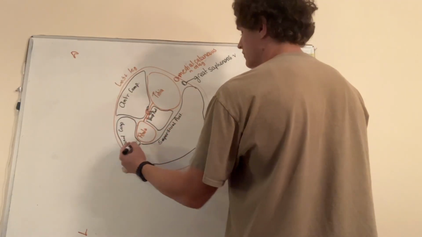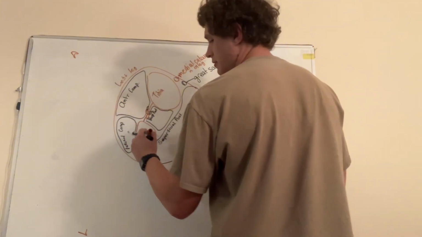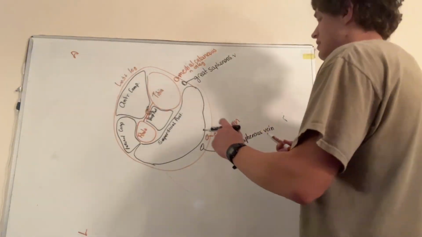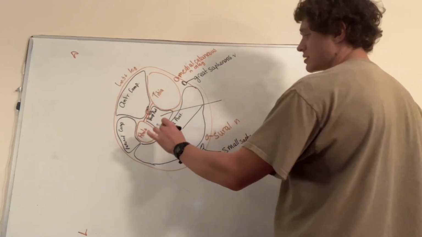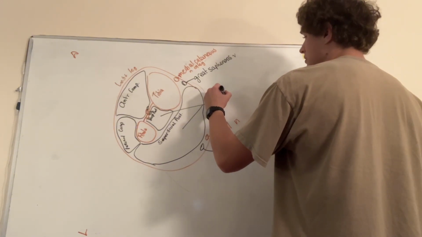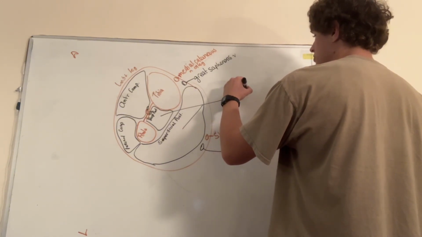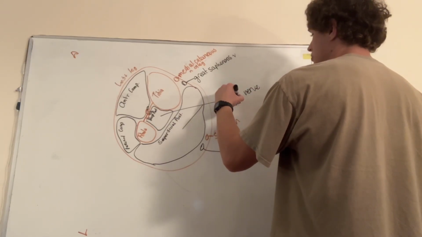And then we also have the superficial fibular nerve. An important thing I want you to take away from this is that the deep posterior and superficial compartments are both supplied by the tibial nerve and the posterior tibial artery.